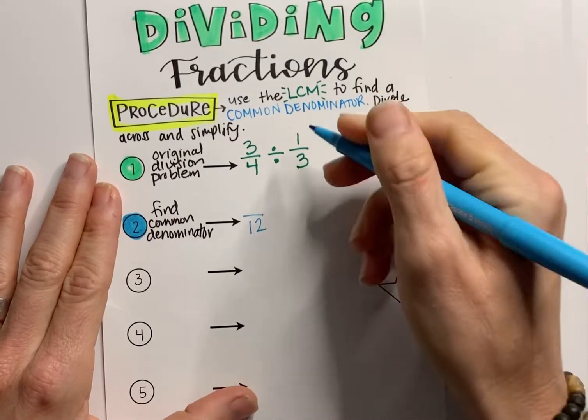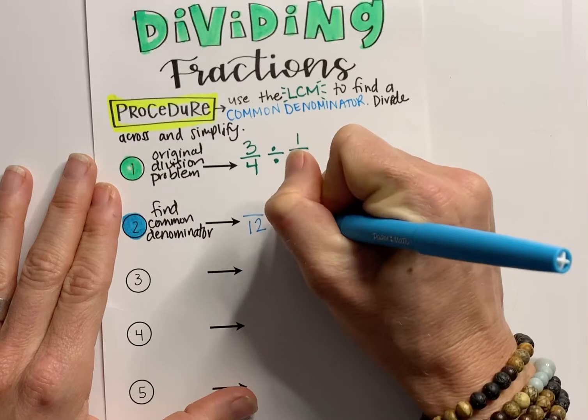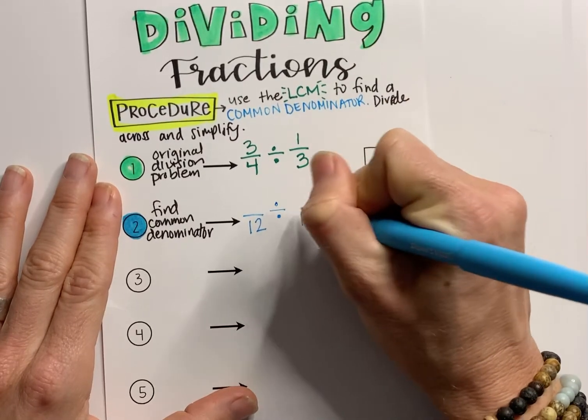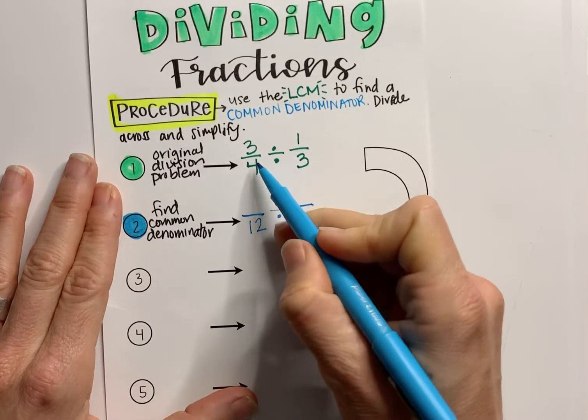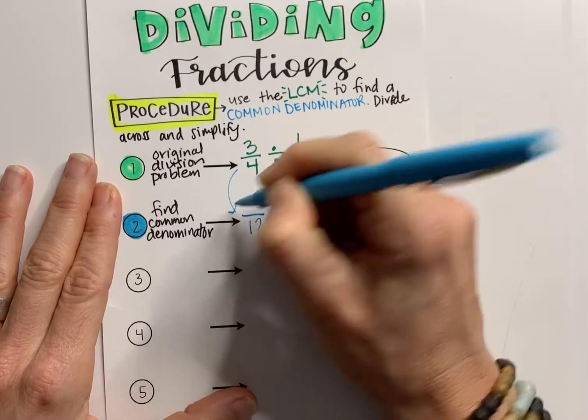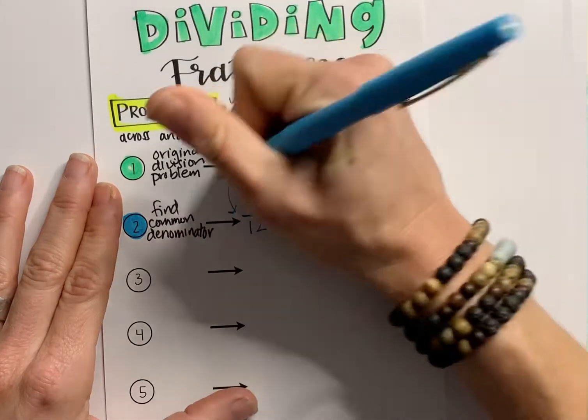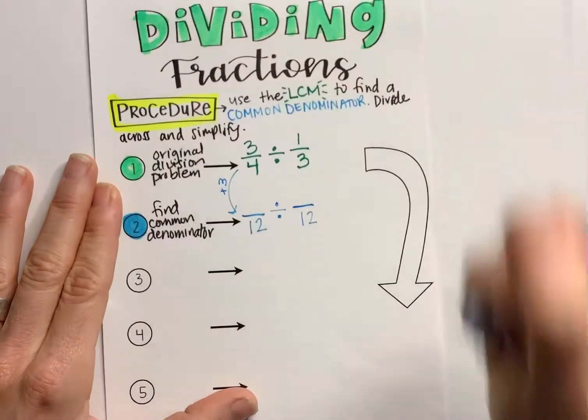So I'm going to convert both of these fractions to their equivalent form in twelfths. 4 is getting converted to twelfths, so I'm increasing this by a scale factor of 3.